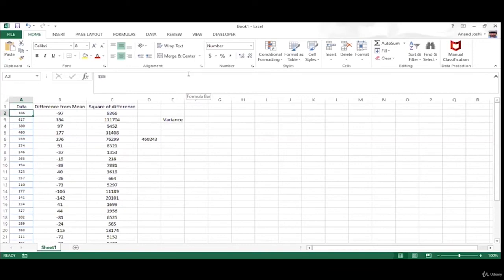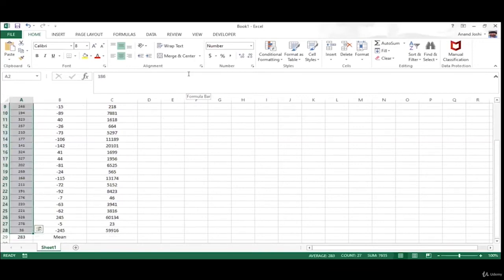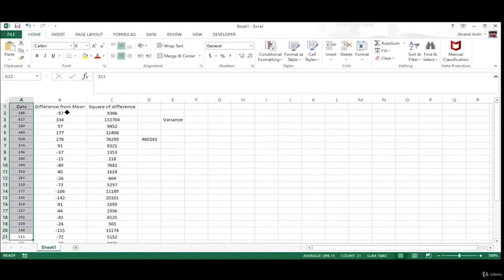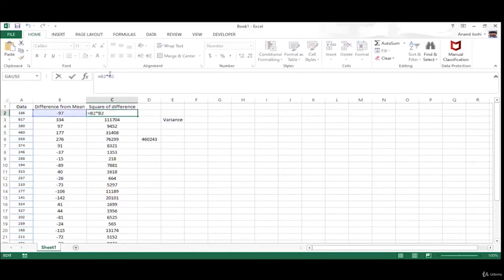Yeah. So what I've done here is taken 27 data points, a random set, and calculated the mean of the data. The second column is the difference from the mean. Once that is calculated, I've taken the square of the difference.